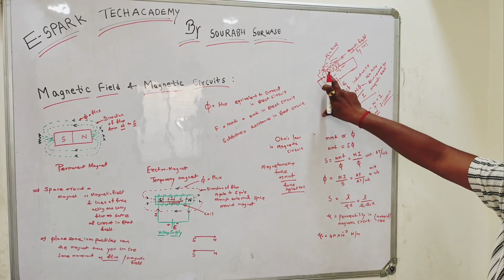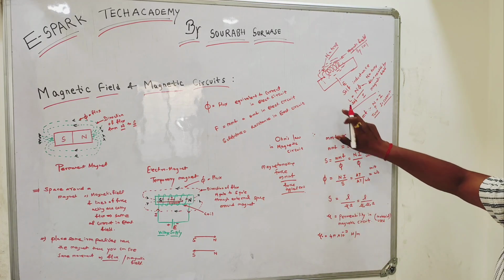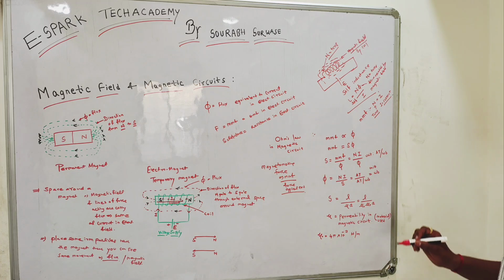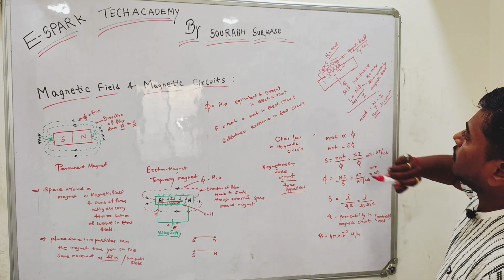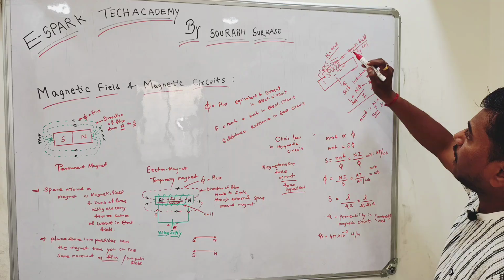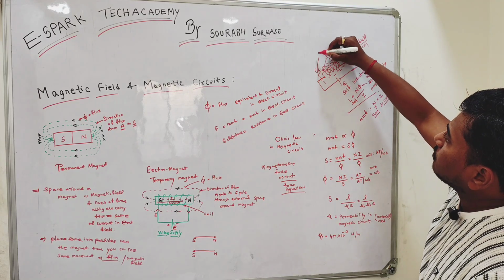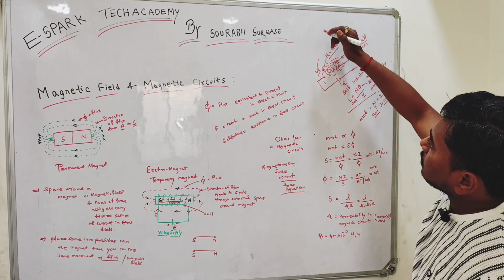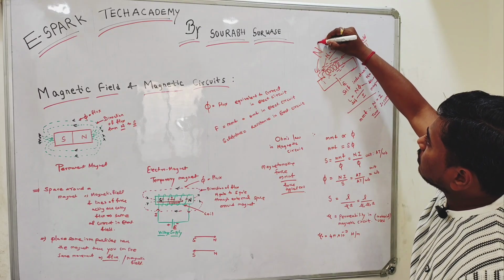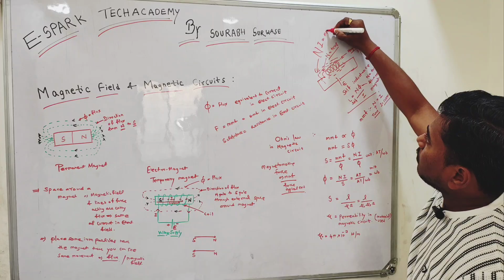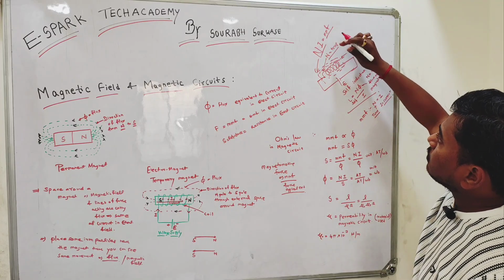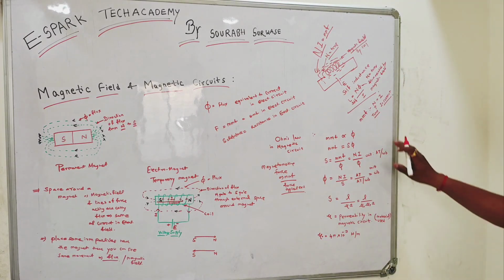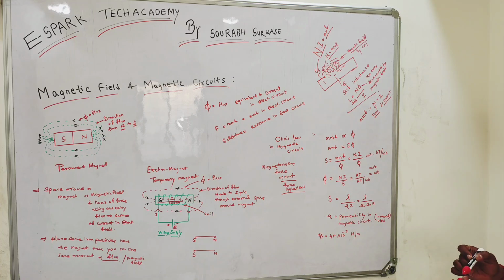Just now I showed you the inductance. In this also, if you want to find the MMF, it is N into I, the turns times current. Here also the same thing has been written. And flux, you know already, has units in Weber.